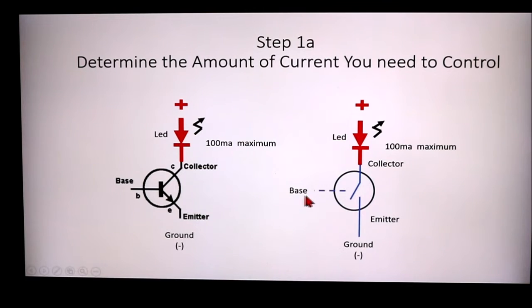You have a small base current coming into the transistor and controlling a switch, basically, a larger current going from the collector to emitter. And we're saying again, this is 100 milliamp maximum. It can be any other current. It can be one LED or 5 LEDs or a motor or a relay, whatever you require.